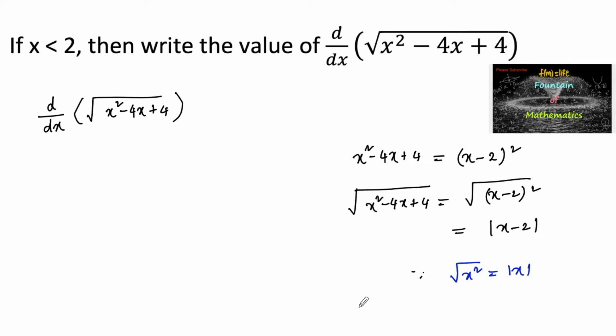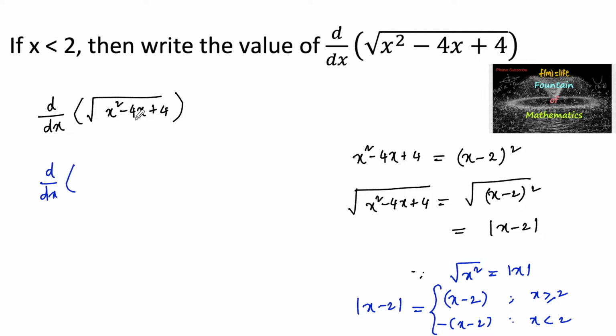And here mod of x minus 2 is equal to plus of x minus 2 when x is greater than or equal to 2, and negative of x minus 2 when x is less than 2. So we can consider the square root of x square minus 4x plus 4 is nothing but mod of x minus 2.